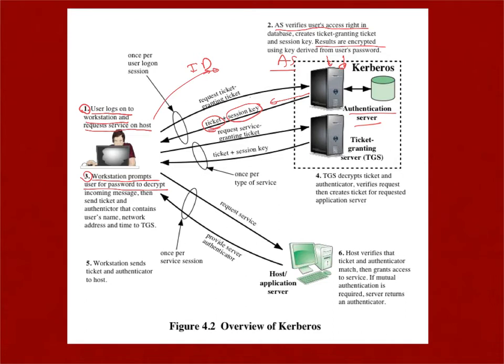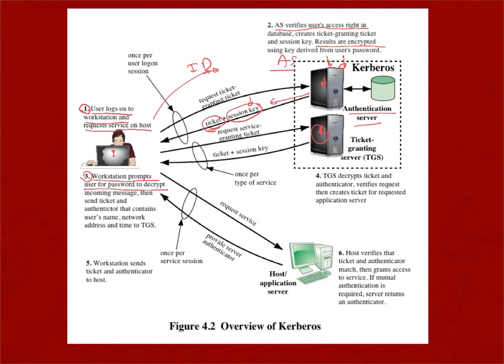If it matches, we can open the message. In the message, now you will know the session key. So now, both you, the authentication server and the ticket granting server know that session key. Because this session key is sent to that user, and at the same time, the ticket granting server knows that key. Because this key you can now use to communicate with the ticket granting server in order to get access to a particular service.